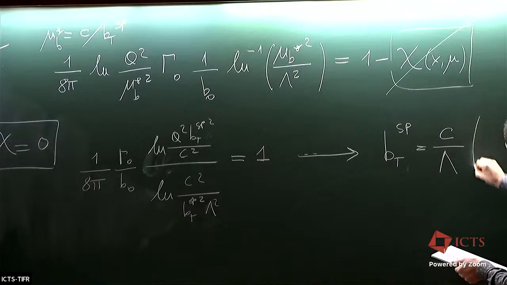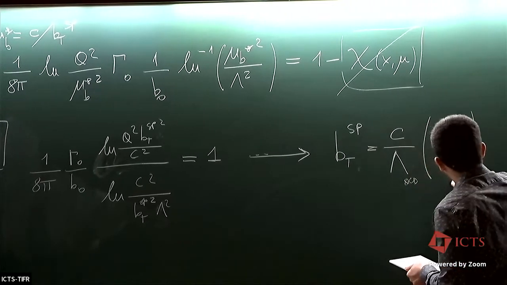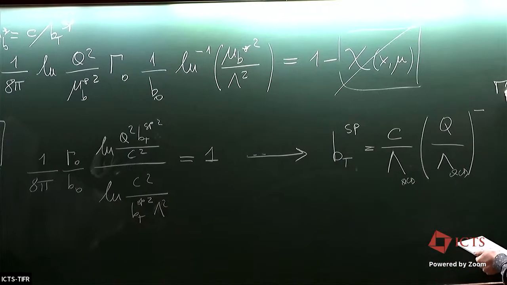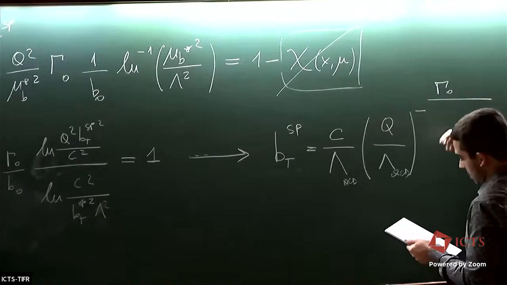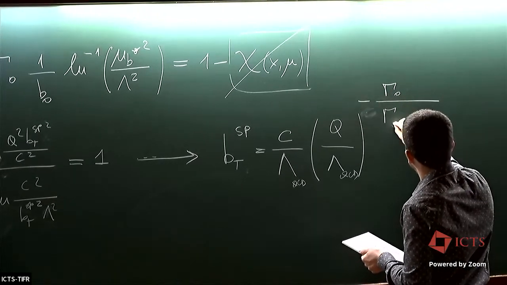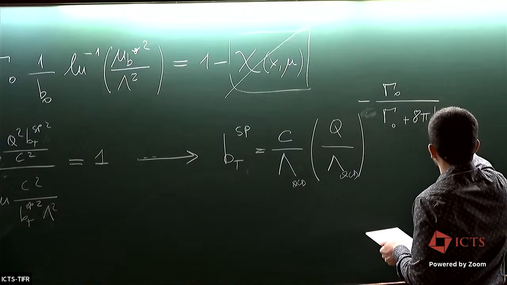Then you have another ratio of Q divided by lambda, where lambda is lambda QCD. And the exponent here contains gamma 0 and B0, basically: gamma 0 plus 8 pi B0.